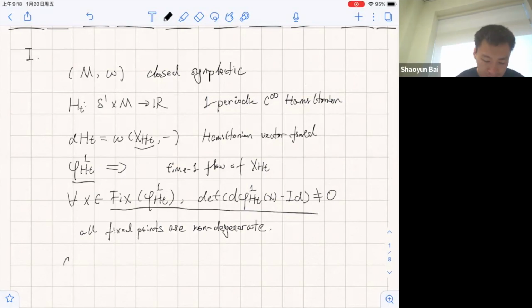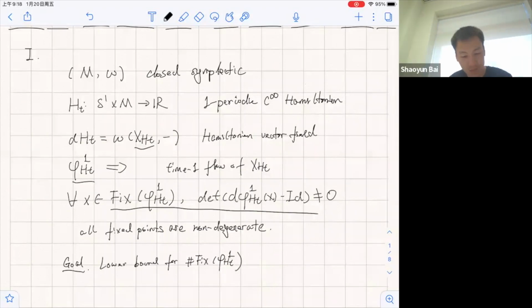So the goal of today's talk is to find some kind of lower bound for the number of fixed points of this Hamiltonian diffeomorphism, which is what the Arnold conjecture is about.